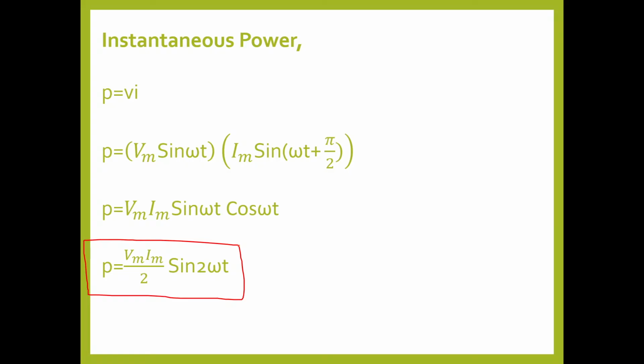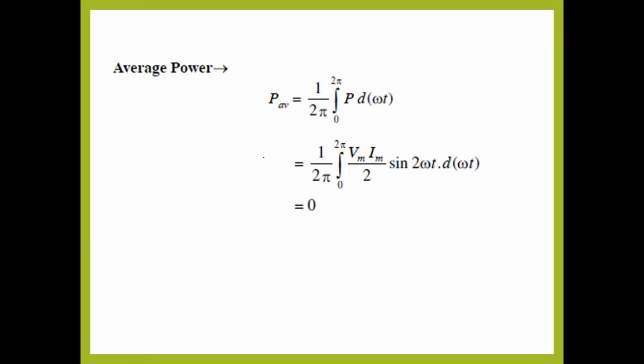So if we determine the average value for one complete cycle for this capacitive circuit, average power P average is equal to 1 by 2 pi, for one complete cycle, integral of 0 to 2 pi P d omega t. So just now we have got some expression, you substitute that expression, you simplify it, you will get P is equal to 0.